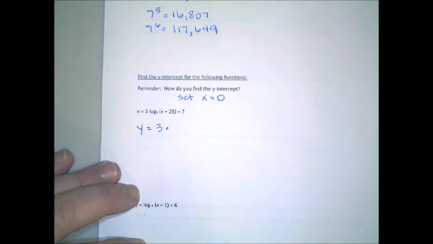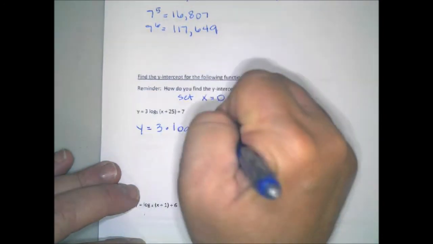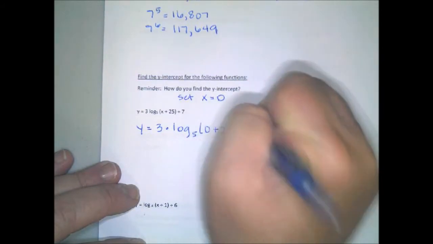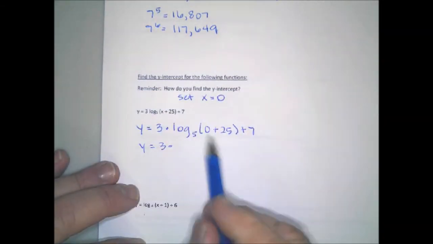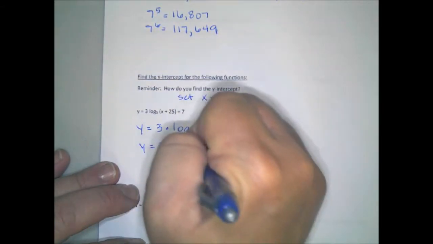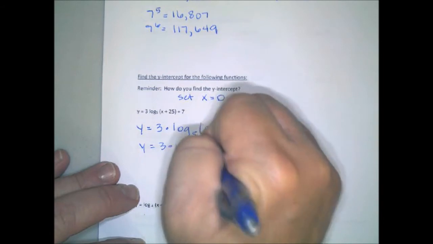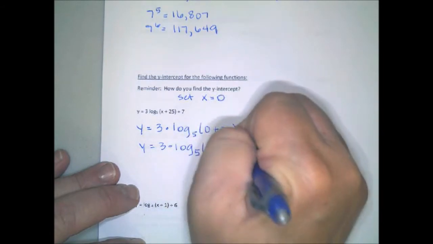So y equals 3 times the log base 5 of, I'm going to substitute 0 for that x, 0 plus 25, plus 7. Now, next thing, y equals 3 times the log base 5 of 0 plus 25, which is 25. I'm just taking some really small steps. Log base 5 of 25 plus 7.